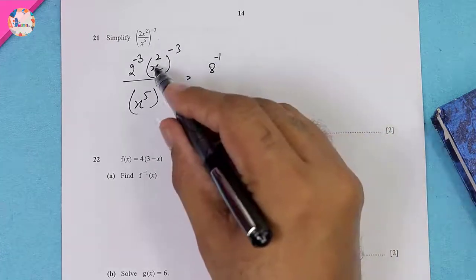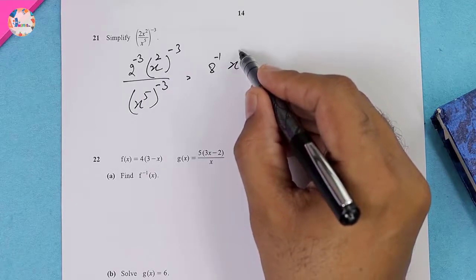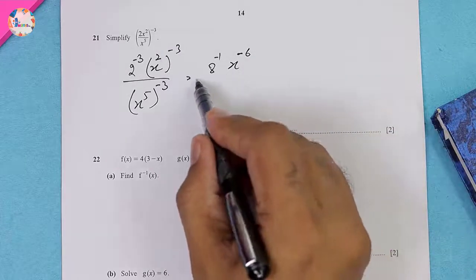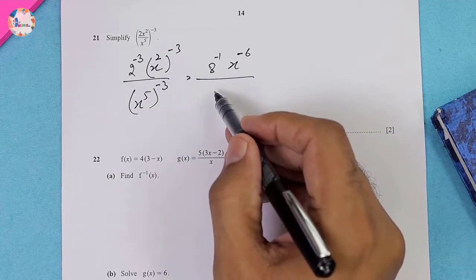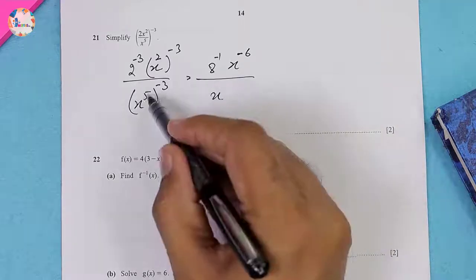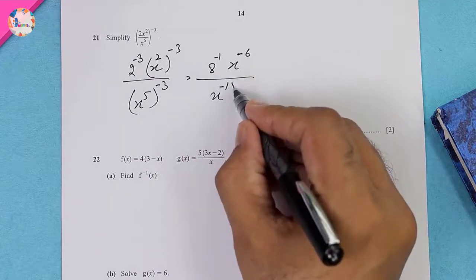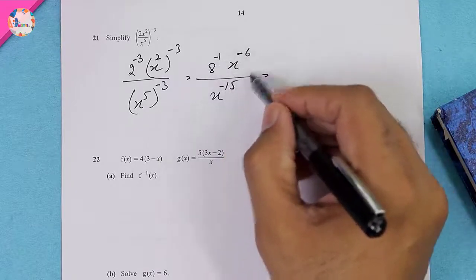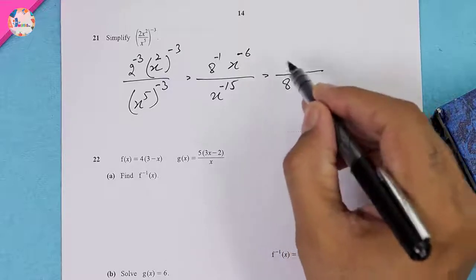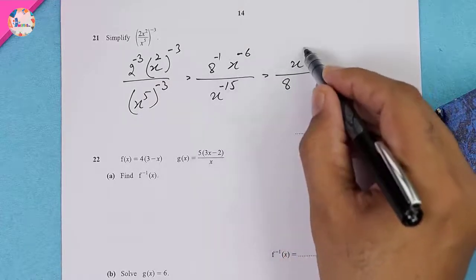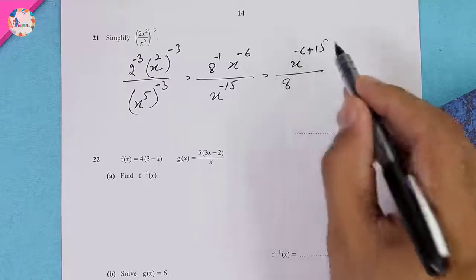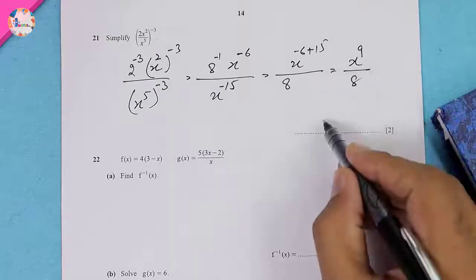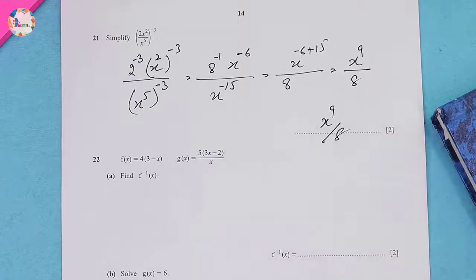This one will be x raised to the power minus 6, and this will be x raised to the power 5 into 3, which is 15, minus 15. Then we shift this as numerator and this one as denominator, so it will be x raised to minus 6 plus 15, which is x raised to 9 over 8. This will be our final answer over here.